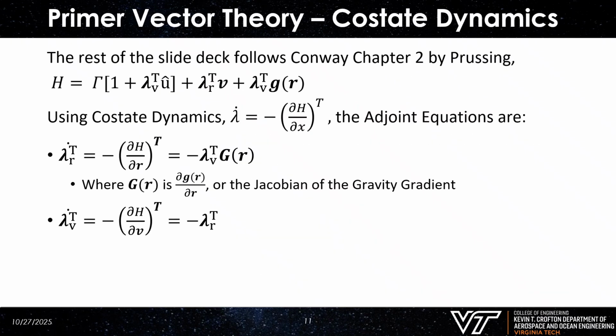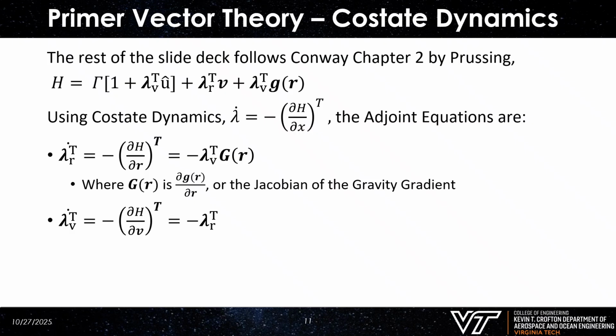So the rest of the slide deck will follow Bruce Conway's Spacecraft Trajectory Optimization Chapter 2 by Prussing. We now have our new Hamiltonian in the form of adjoint vectors. So we want to find what our adjoint equation is using our costate dynamics equation.